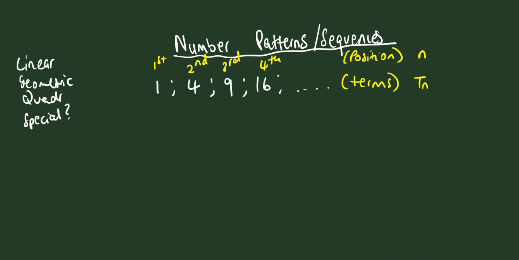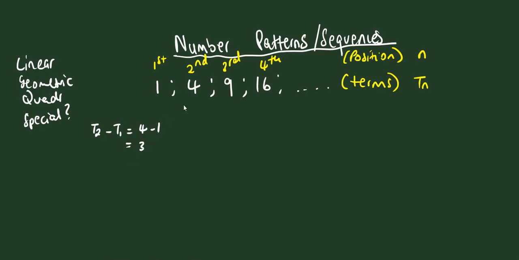All right, now how do we then know? Now remember what we do. We're gonna say, how did I move from this one to that one? Well, this one is the second term, this one is the first term. So I'm gonna say t2 minus t1. So I'm gonna say 4 minus 1. 4 minus 1 gives me what? 3.